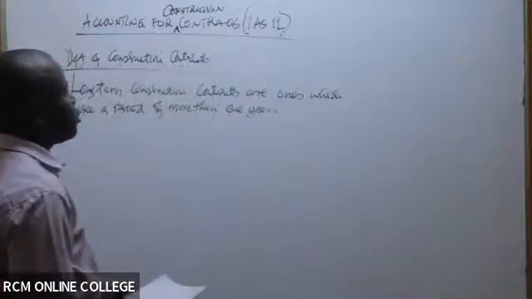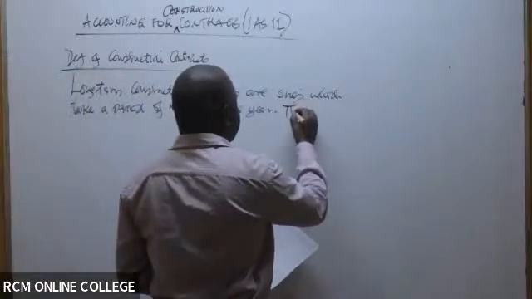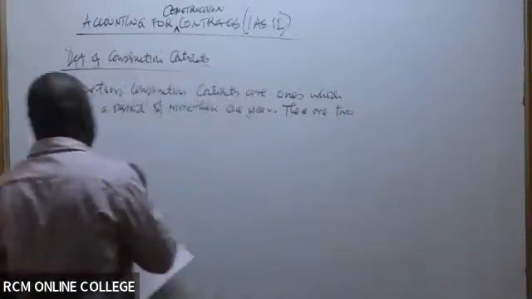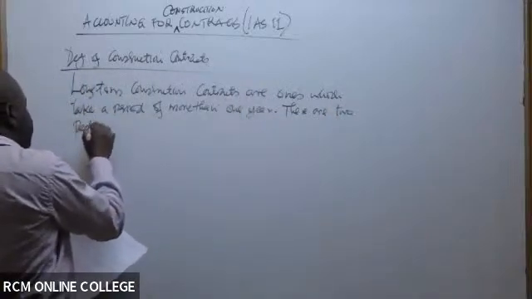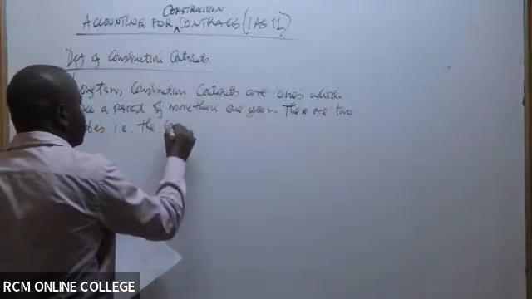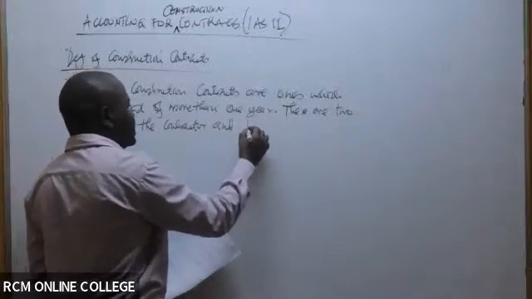So there are two parties in this kind of contract, i.e. the contractor and the contractee.